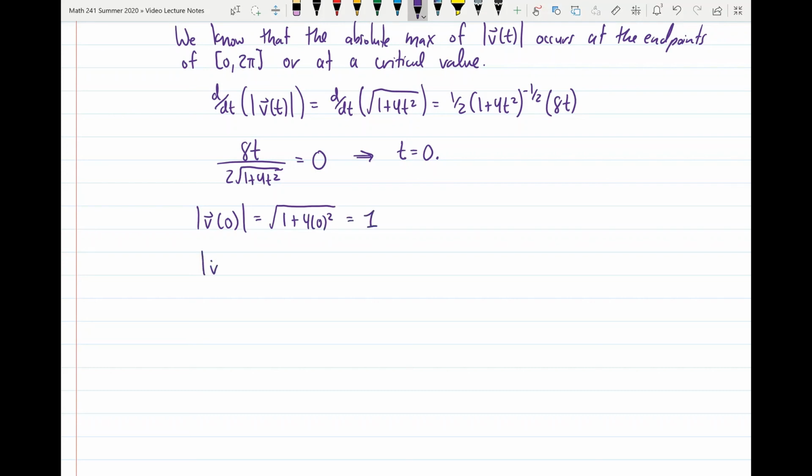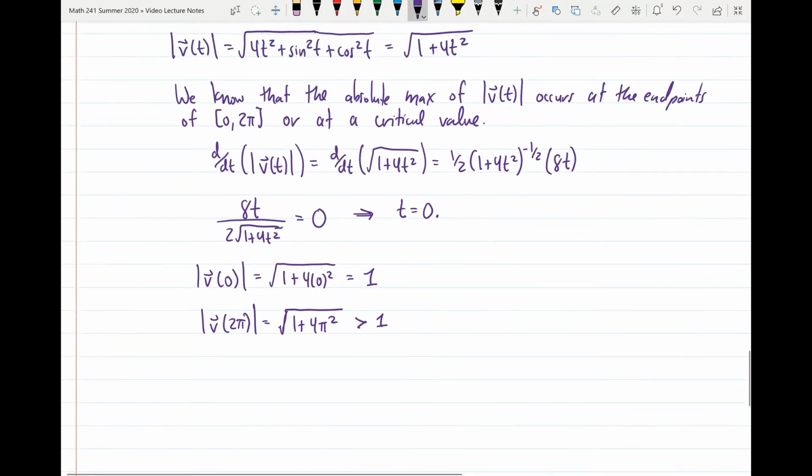And now if we take the other endpoint of the interval, 2 pi, and plug it into the expression for speed, we get the square root of 1 plus 4 pi squared. I think this is probably as nice as you're going to make this look. But this is clearly greater than 1, since 4 pi squared is greater than 0.